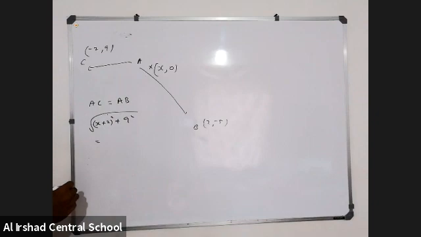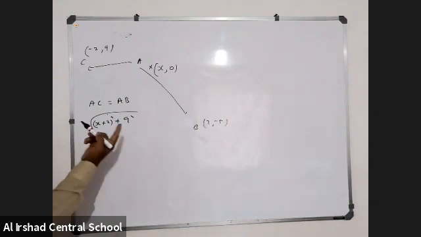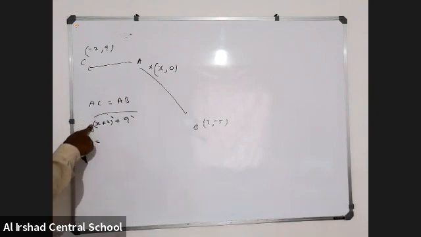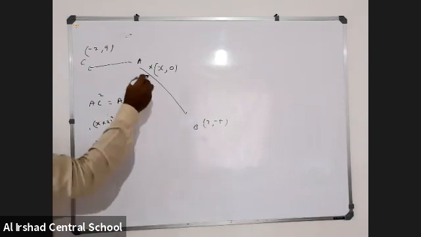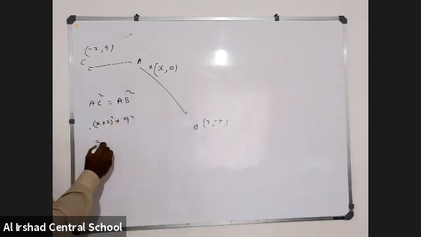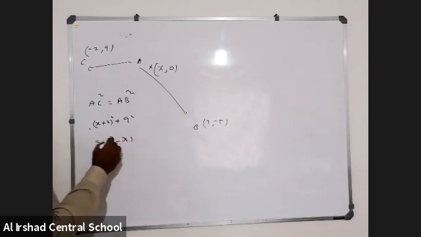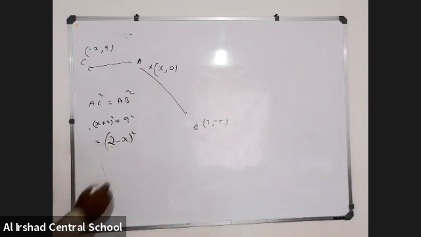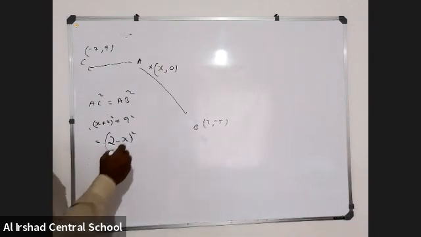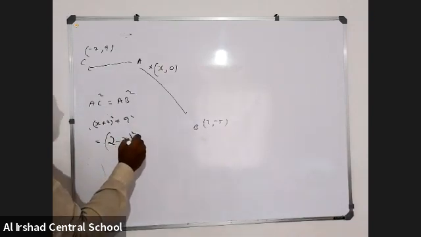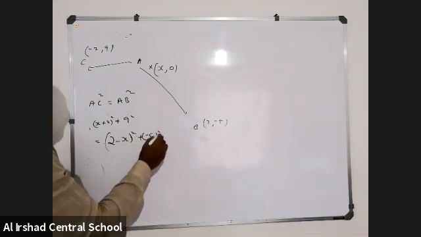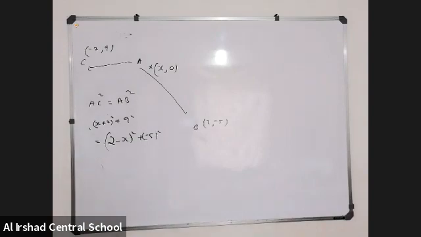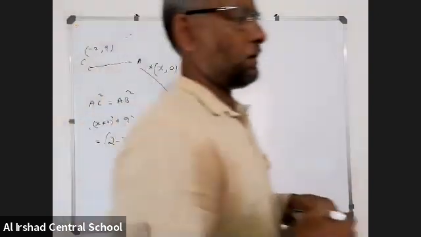AC is equal to... or we can take the square method: AC square is equal to AB square. Then what is AB square? (2 minus x) whole square plus minus 5 whole square. Both are equal. Now try to find out x.